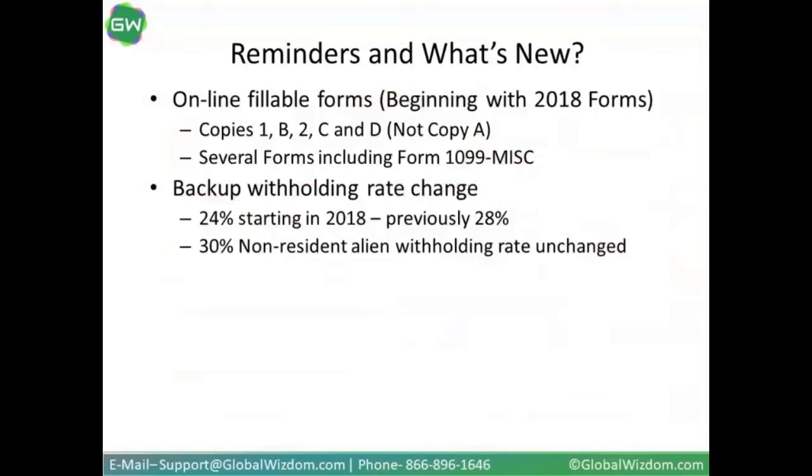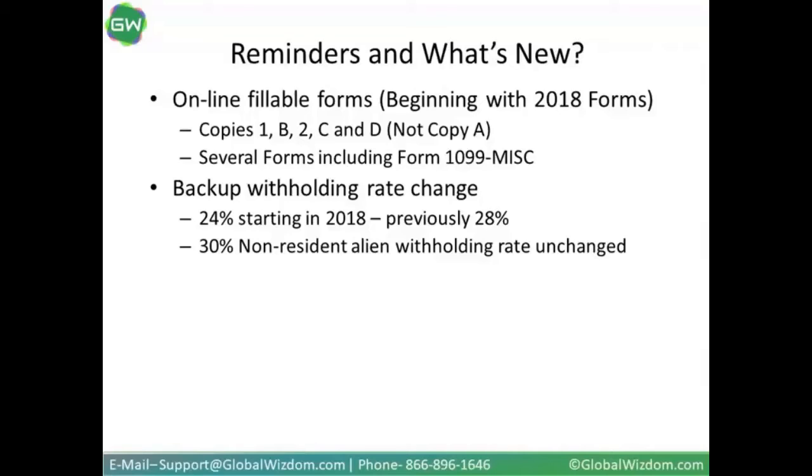Not all the forms have all of those copies, but those forms can be filled out online and used to send into states, provide to recipients, and for your own records, but not copy A, the copy that has the red ink on it, because that still needs to be an official form or an approved substitute form because of that red ink enhancing the filing of paper forms. If you're not filing paper forms, that's not an issue, but you can still fill out the forms online and print them and use them for other purposes for these other copies.